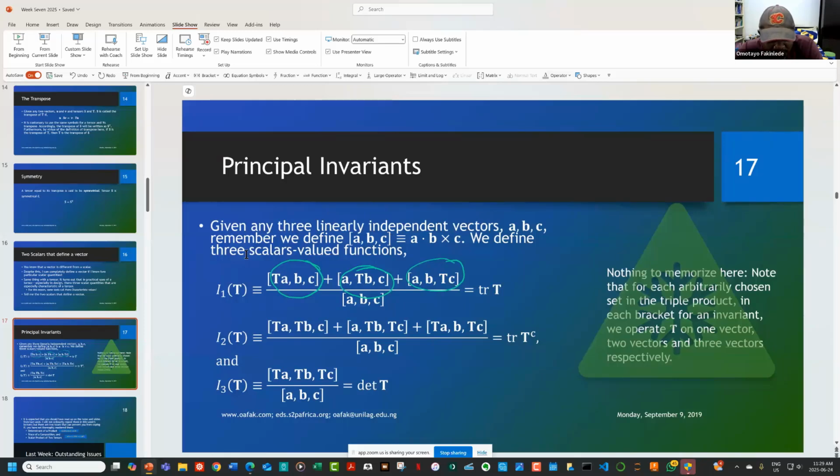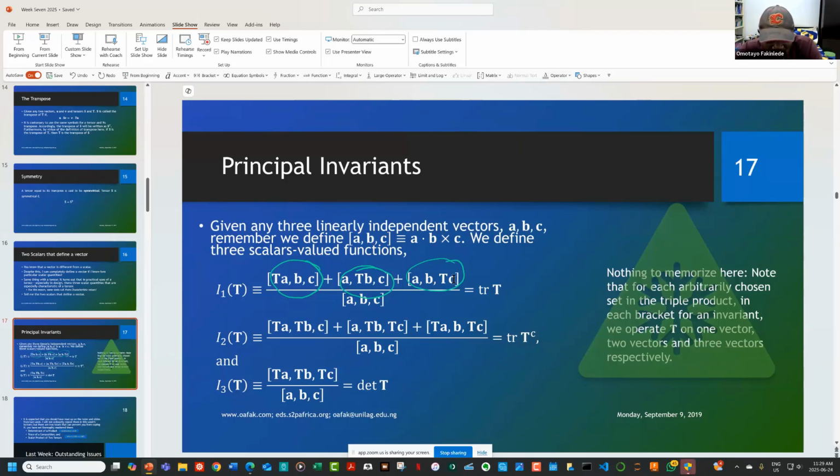So for the first principal invariant, in the first bracket you transform the first vector, then you transform the second vector, and then you transform the third vector, in each case computing the resulting scalar triple product.